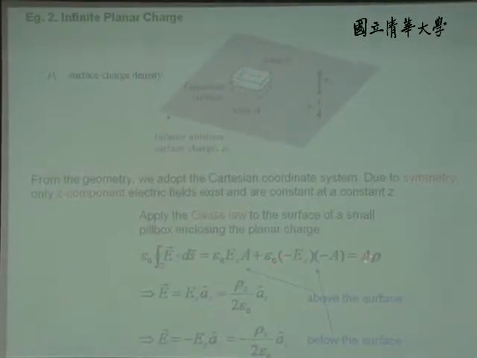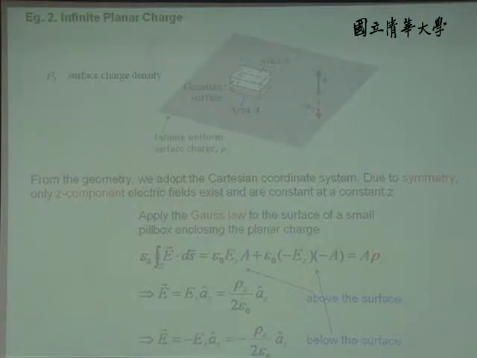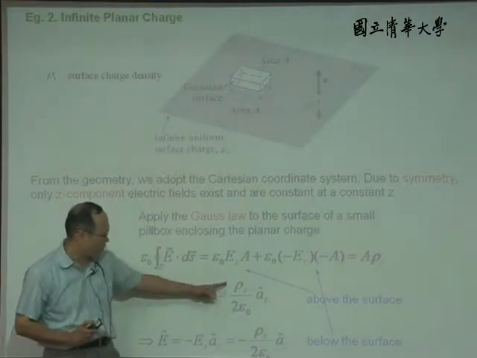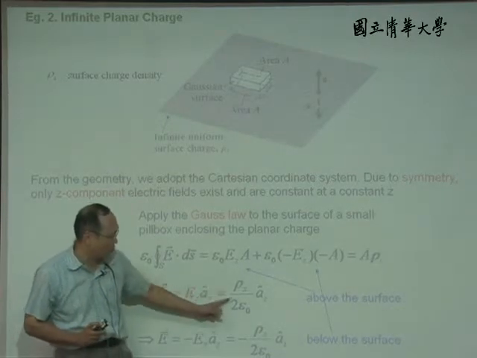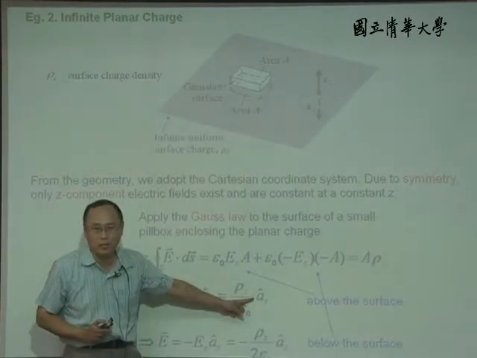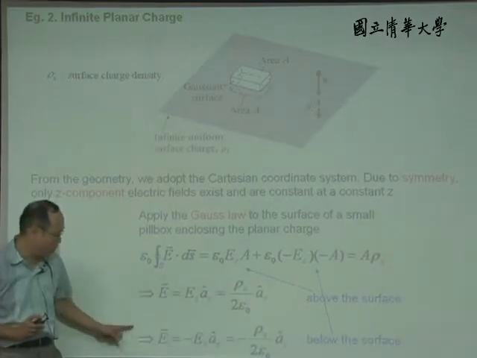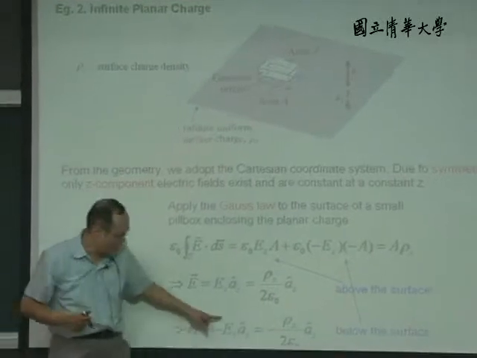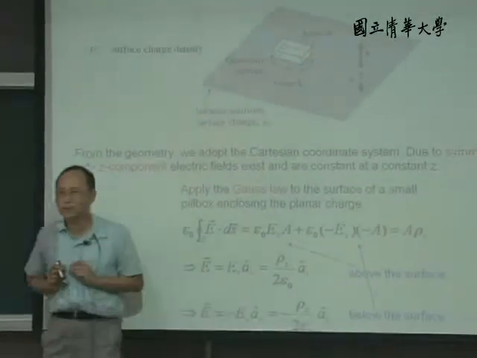And then the total charge is going to be the area multiplied by the surface charge density. So with this calculation, you end up with an electric field along the z direction with this magnitude. But be careful that the direction of the electric field for the top surface is along the positive z direction, and the electric field on the bottom is going to be along the minus z direction.